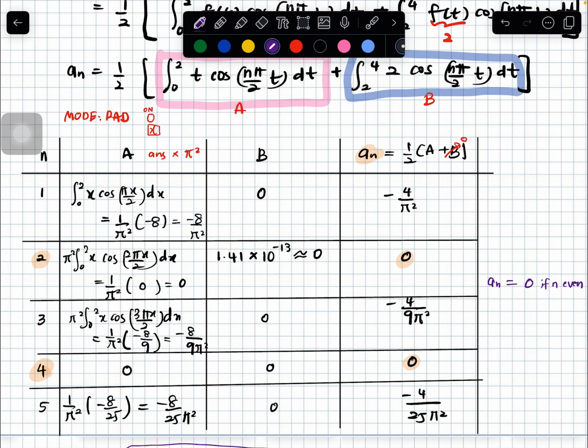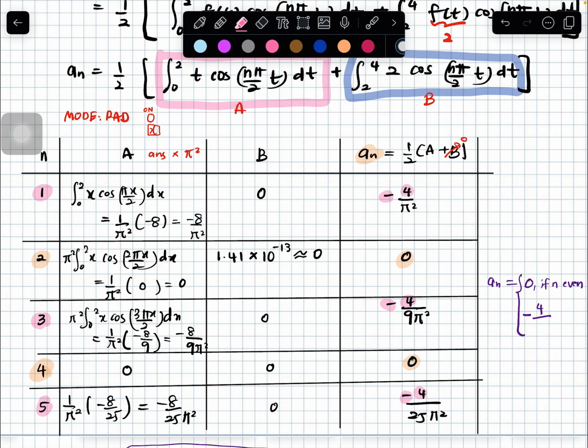N is even, you get 0. And then you have another conclusion for odd numbers. Look at odd numbers 1, 3, 5. All odd numbers have this value, all have negative, so we can collect this as negative. All odd values have 4, so we get 4 here.